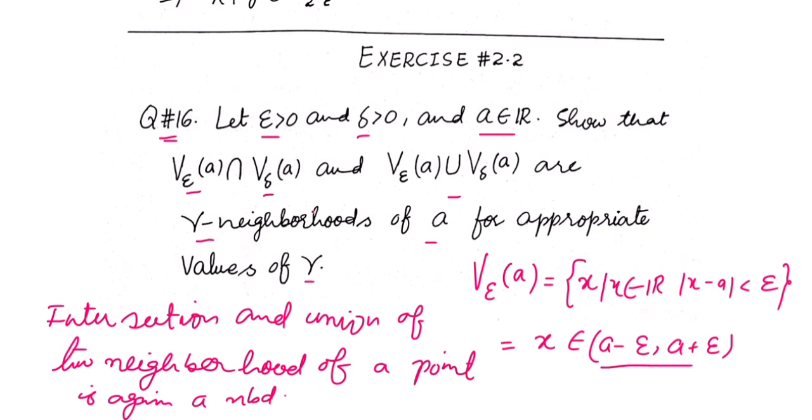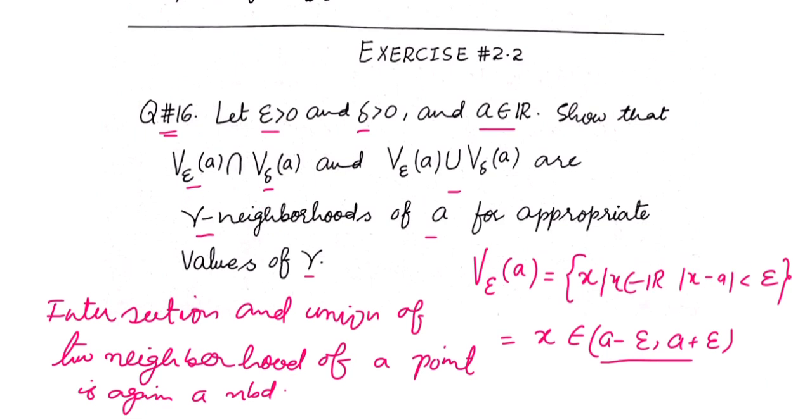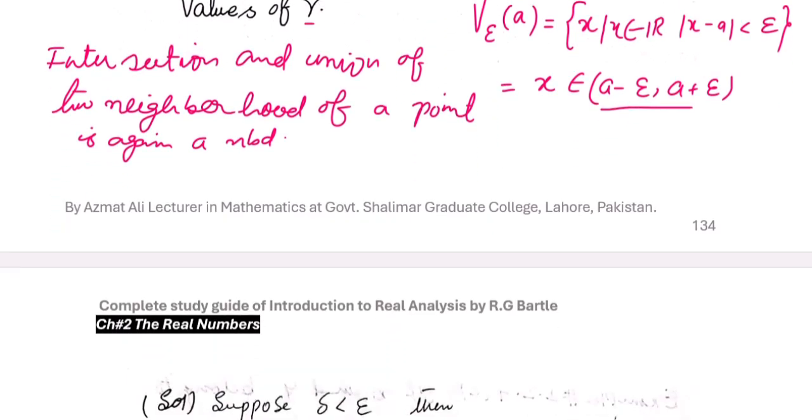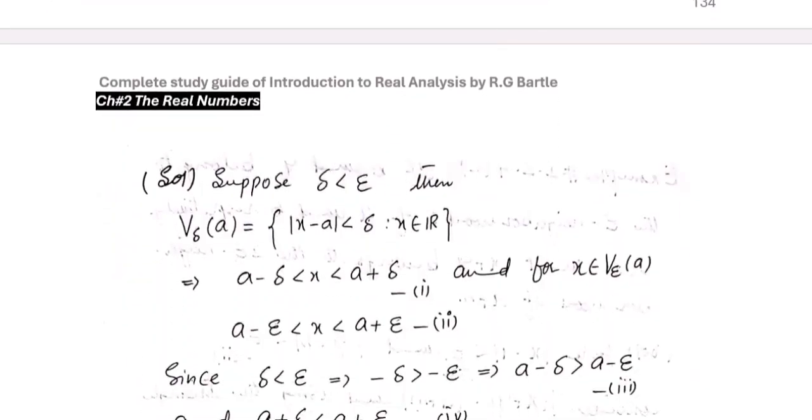So let us discuss this question for two cases, as here we have two positive real numbers delta and epsilon. In the first case, I will suppose that delta is less than epsilon. Then delta neighborhood of a is the set of all points such that the absolute value of x minus a is less than delta.